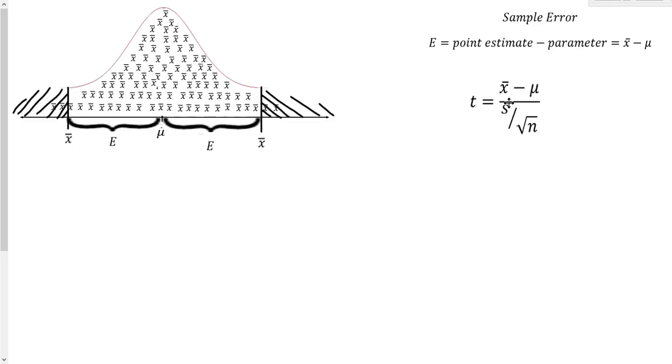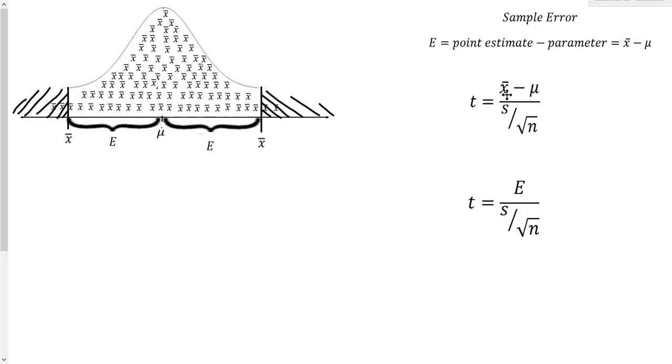If you notice, the numerator of the t-score formula is x bar minus mu, which we just defined as the sample error. The sample error, once again, is just the distance from the population mean to the sample mean.